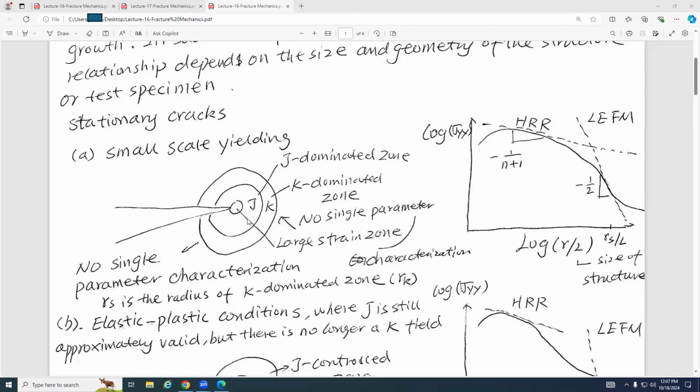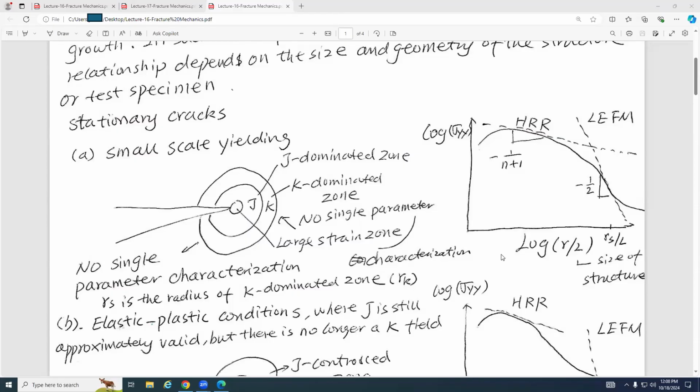However, for this large scale yielding zone here, there is no single parameter characterization. For example, look at this figure, okay? This is the log sigma yy, in the y direction, and here is a logarithmic relationship.